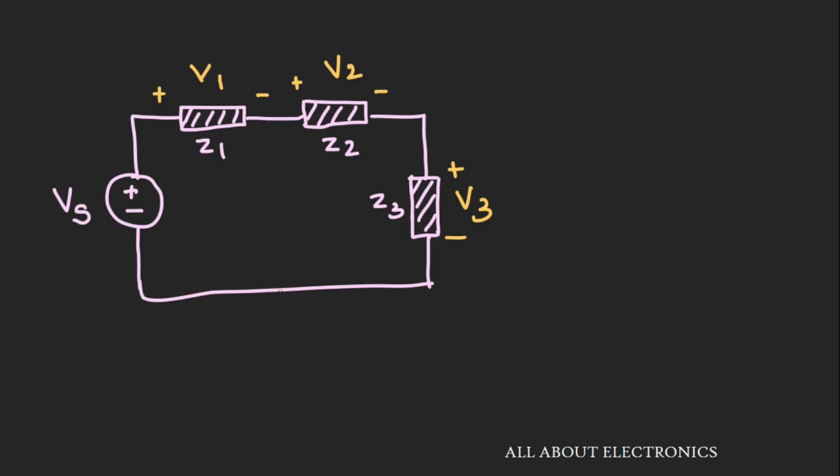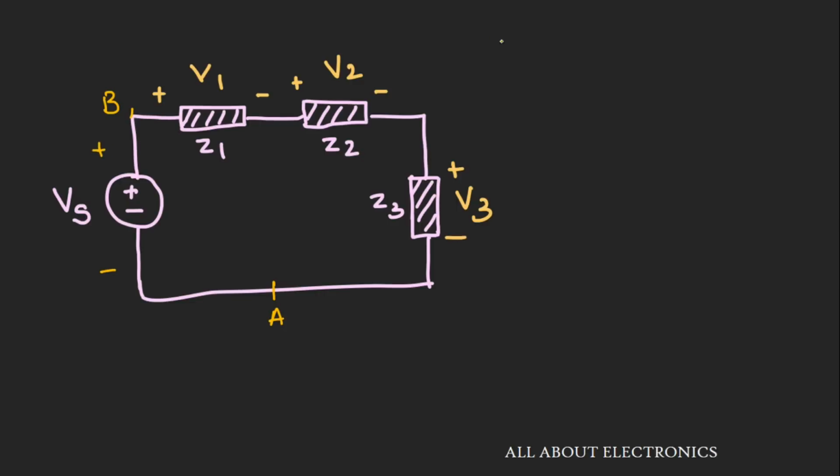Let us say we are moving in clockwise direction starting from this point A, and the first element that we come across is this voltage source Vs, while we are moving from negative to the positive potential.